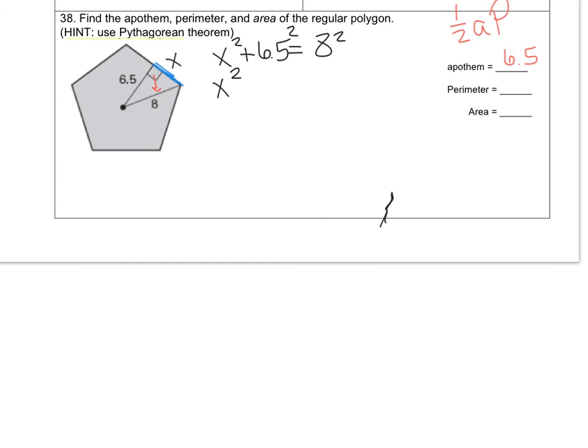You have x squared. In your calculator, if you do 6.5 squared, you're going to get a positive 42.25 equals 8 times 8 is 64. Okay, you're still solving for x, so you're going to subtract 42.25 on both sides.